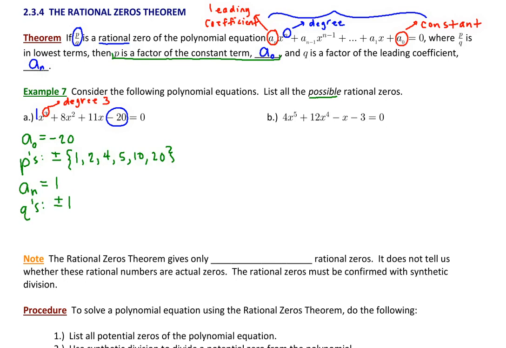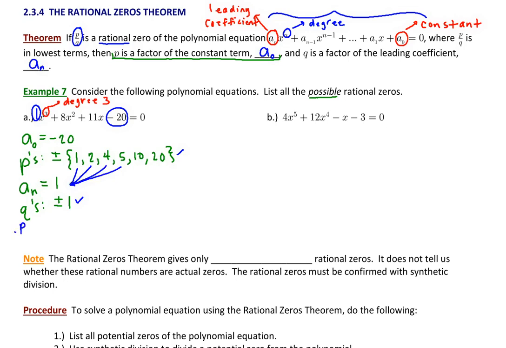Now what we want to do is form every possible ratio of the form P over Q. That is, we want to put every possible P over every possible Q. Now this is the easiest case scenario, by the way, for the rational zeros theorem, when you have that leading coefficient of 1. Because when I put every possible P over every possible Q, 1 over 1, 2 over 1, and so on and so forth, we just end up with the P's again.